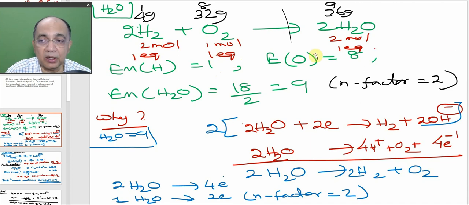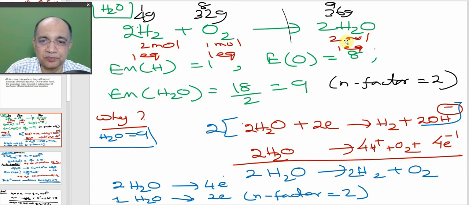And obviously, 18 by 2 is the equivalent mass of water in this case. Why? Because if it is 1 gram here and 8 gram here, this has to be 9. Why 9?